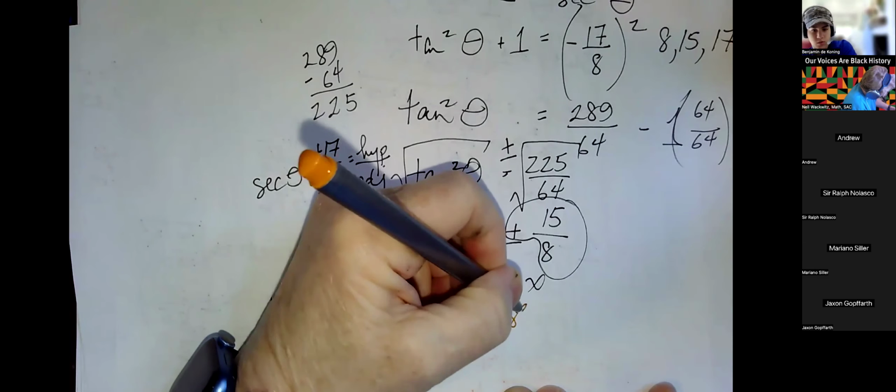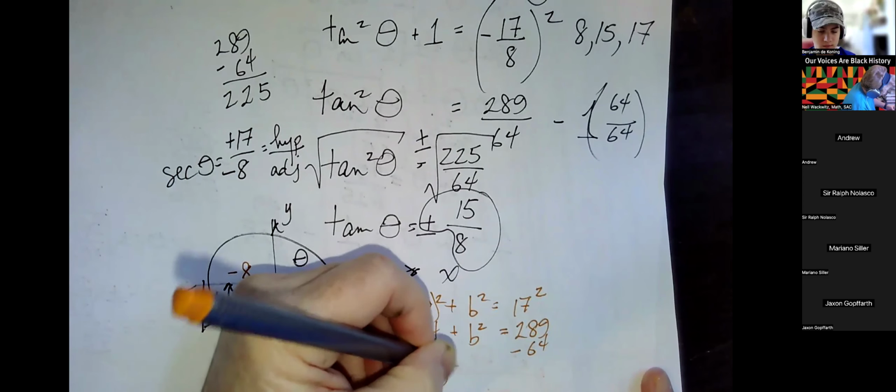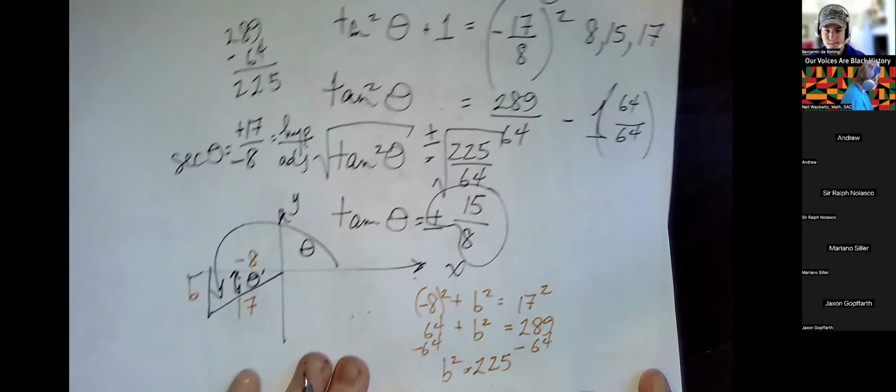Well, it'd be -8 squared technically, but same thing. And 8 squared is 64. 17 squared is 289. So we get that b squared is 225.